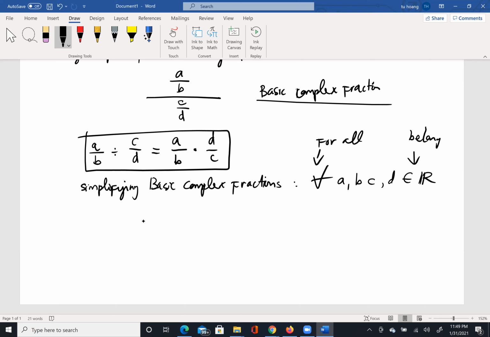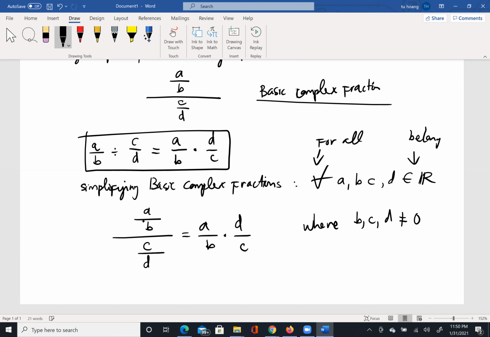So we have A over B, everything divided by C over D, which can be rewritten as A over B multiplied by D over C, where B, C, D are not equal to 0, right?